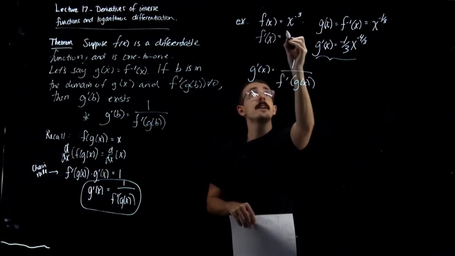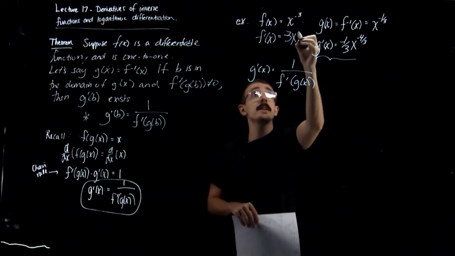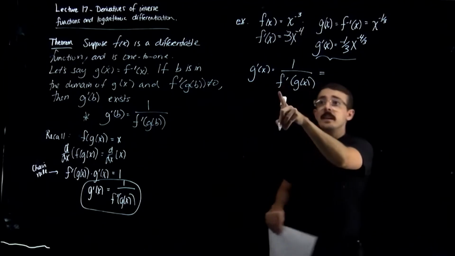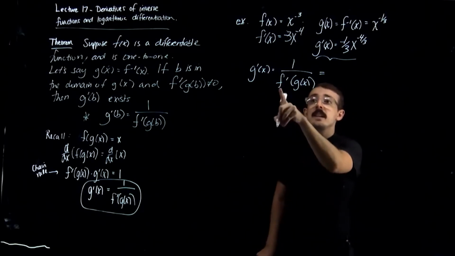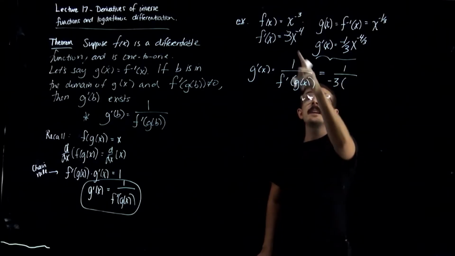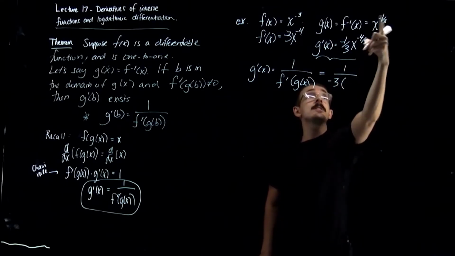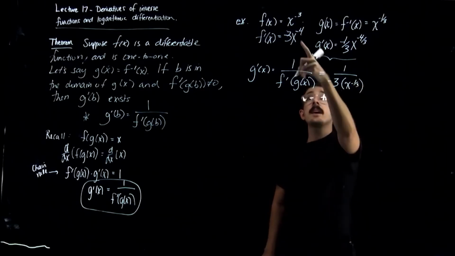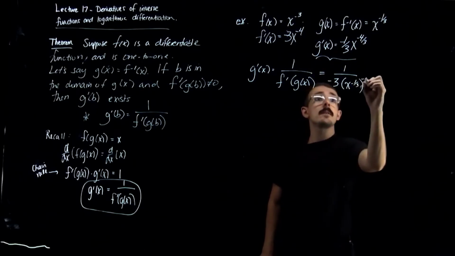Right above here, this would be negative 3 x to the, and I subtract 1 and it's negative 4. So then I'm going to plug g of x into f prime of x. So I'm going to get 1 over negative 3, and here I'm going to plug in g of x. My g of x is this, x to the negative 1/3, and that's going to be raised to the negative 4.